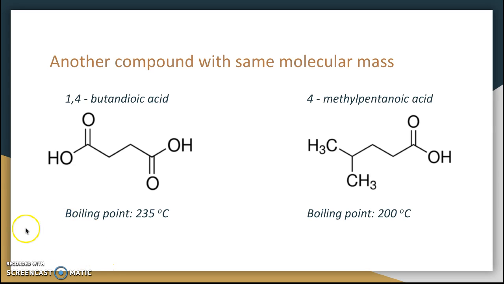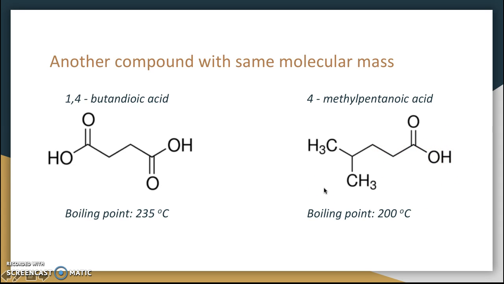And we see here that the 1.4 butanedioic acid has two hydrogen bondings because we see the OH is bonded on each side of the chain. So that is very strong. And then compared to the 4-methylpentanoic acid, which only has one right around here.